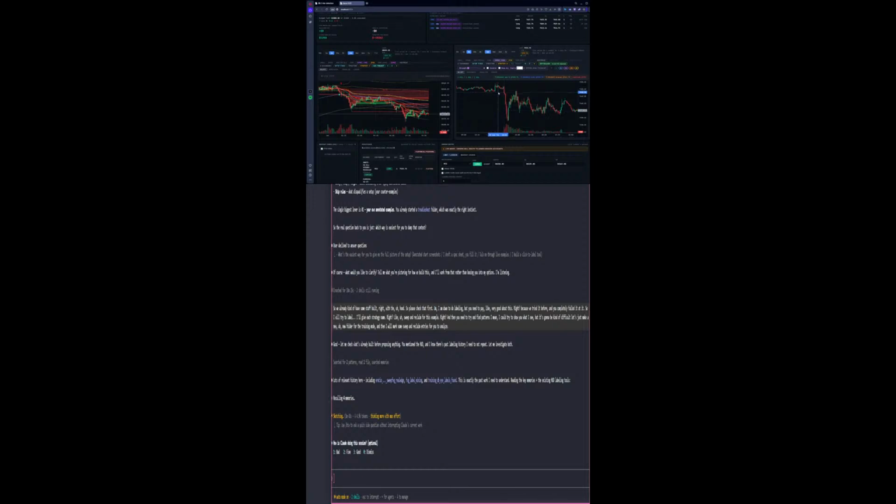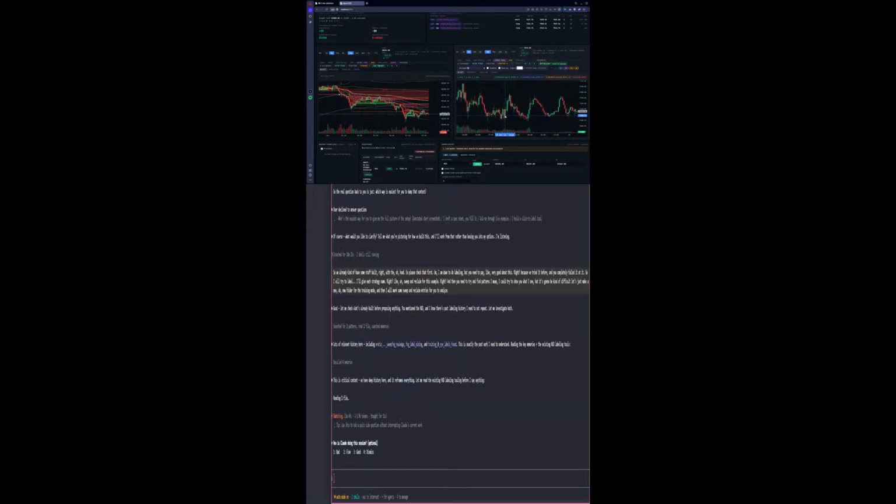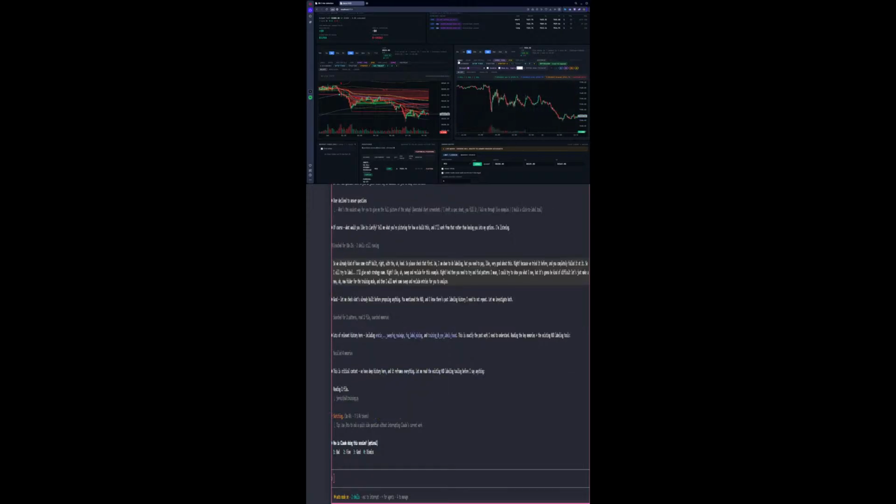This is open, so it would be sweep and reclaim of the open. It is not running here, so I'll just put on the EMAs. So a downtrend here. I guess this is a sweep and reclaim.